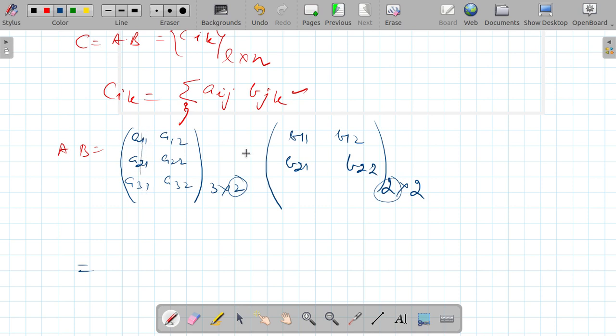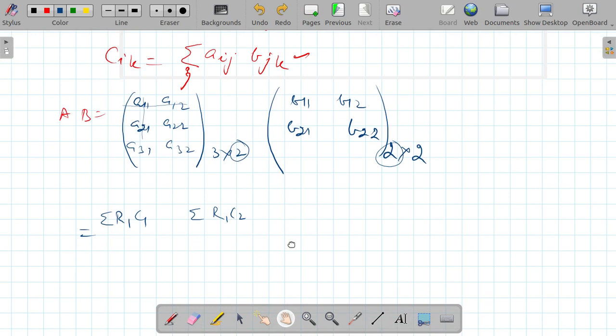Now the first row is multiplied with the first column for the first element. So that means the first row is multiplied with the first column, the summation over R1 and C1, and the second element can be written as first row and second column, and only two columns are there.